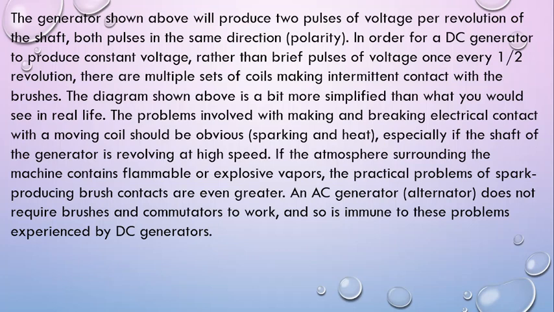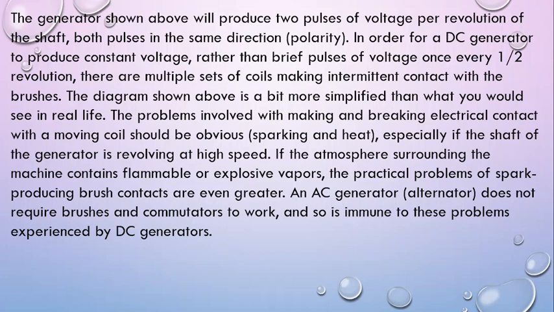The problems involved with making and breaking electrical contact with a moving coil should be obvious: sparking and heat, especially if the shaft of the generator is revolving at high speed.